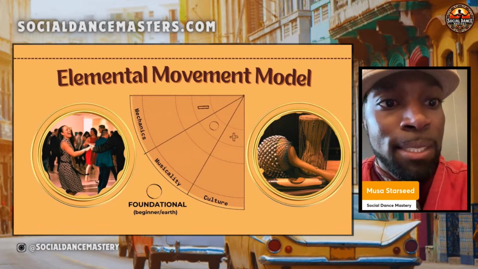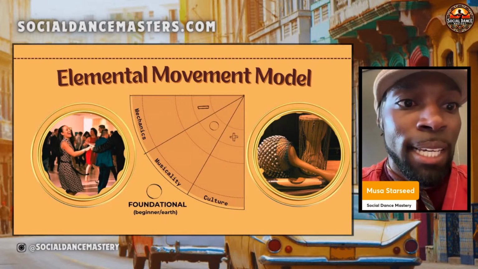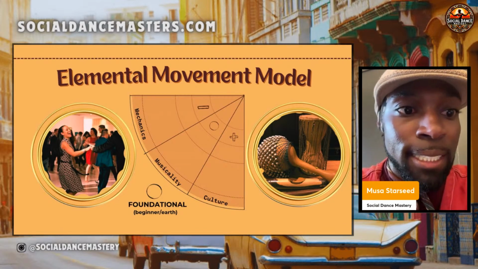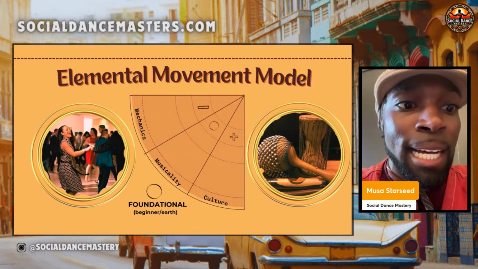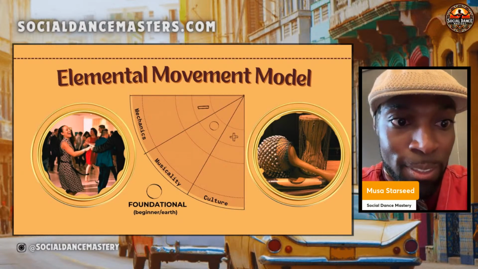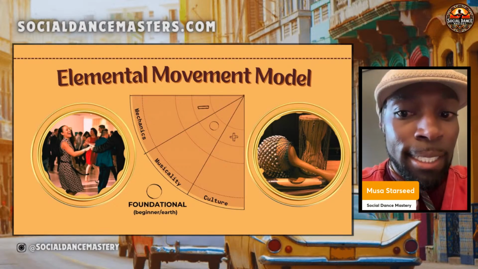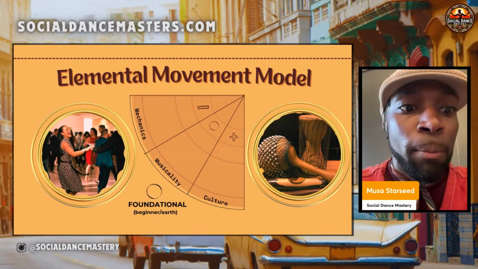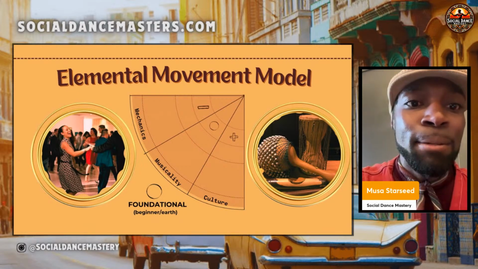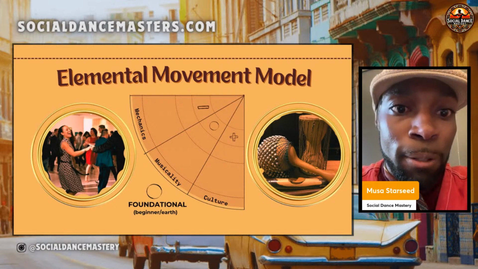And this is what the elemental model solves. To really build a good foundation, we have to not start at the steps, but start first with the culture. We get a cultural understanding and context, so we know the movements behind the moves, the meanings of the moves, and where they came from.